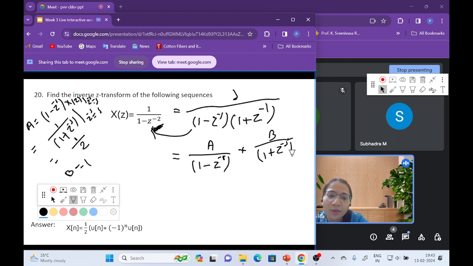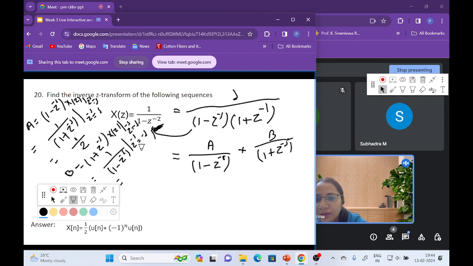What is the denominator in B? 1 plus z inverse. Multiply 1 plus z inverse by X of z at z inverse is equal to minus 1. So 1 plus z inverse cancels, and 1 minus z inverse will be there only at z inverse is equal to minus 1.